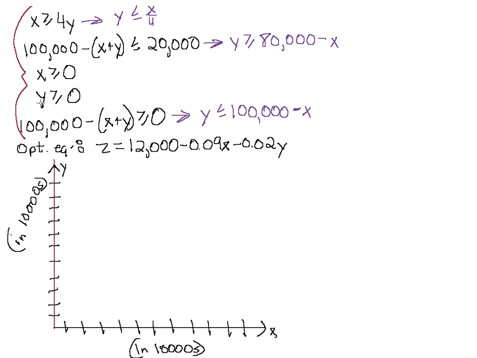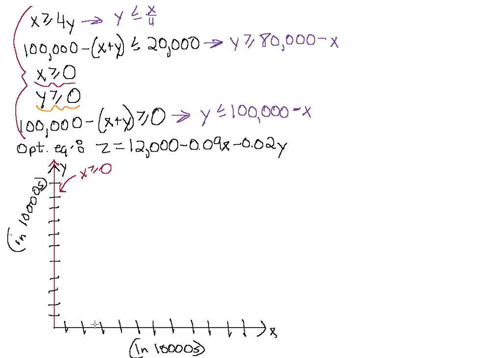Now this makes sense because x can't be negative. X is one of the amounts that we're investing, so we're not going to have anything to the left of this, no negative values. And next we're going to have a similar situation when we're dealing with y is greater than or equal to 0. This one right here.